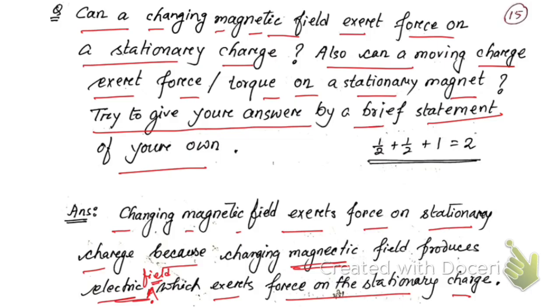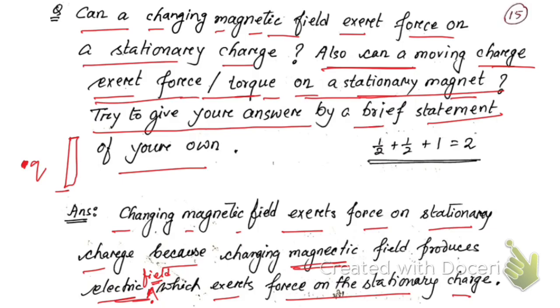And the next part of the question: can a moving charge exert force or torque on the stationary magnet? Yes, that is also correct. Moving charge also can exert force on a magnet if charge is moving, because to experience force by a charge and a magnet, they must be in relative motion.